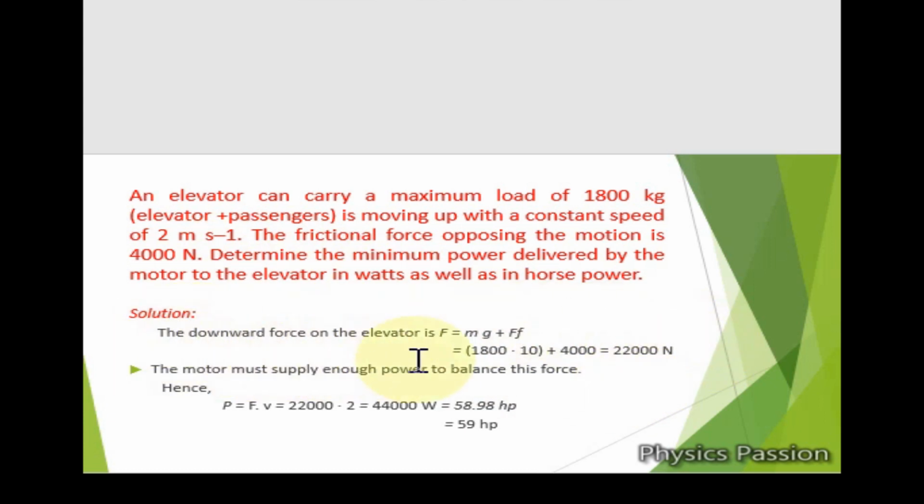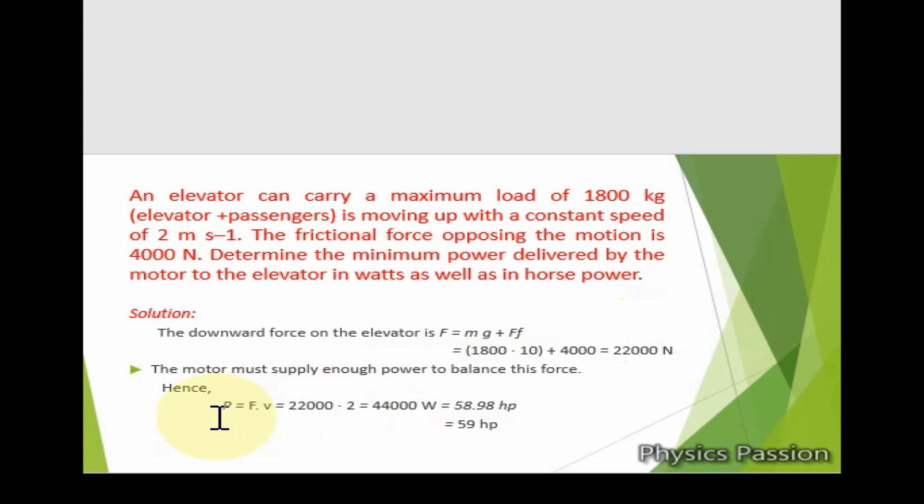This is the total downward force which is acting on the elevator. Keep in mind the weight of elevator and passengers, along with the frictional force, will be in the same downward direction. So the total downward force on the elevator will be 22,000 Newton. Now the motor must supply enough power to balance this force of 22,000 Newton.